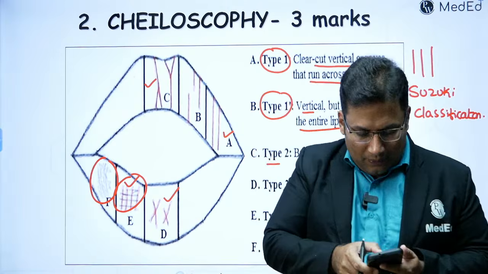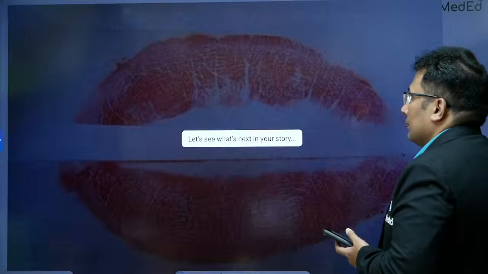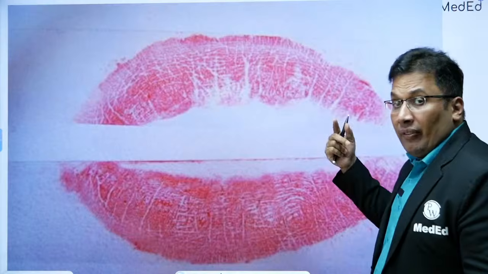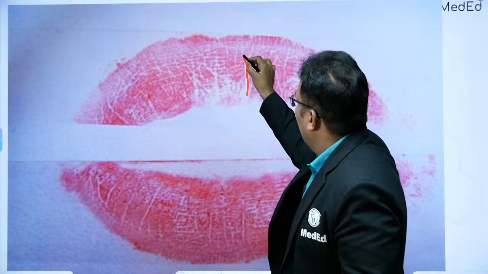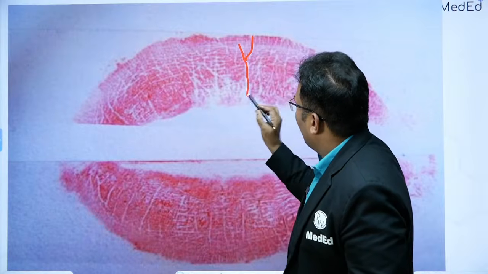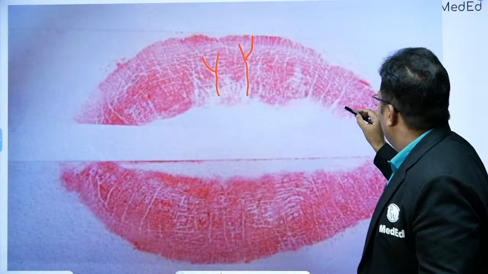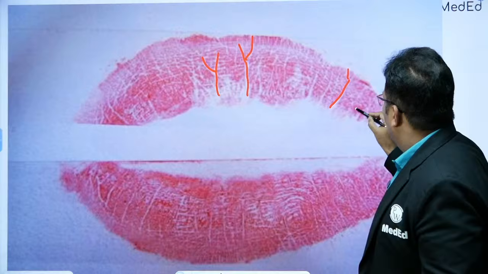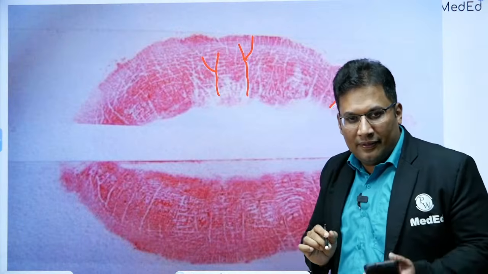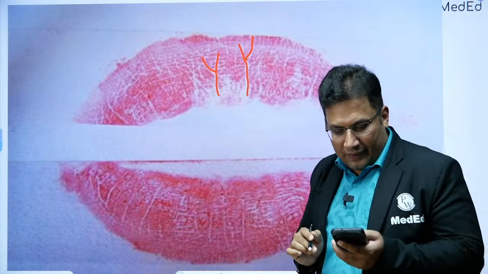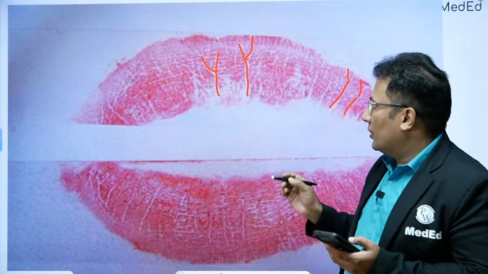Yeah, good. Now you need to identify what type of lip print this is. You can see here this one. It is going like this. So what is this type? Come on, guys. Identify. The lines are vertical.